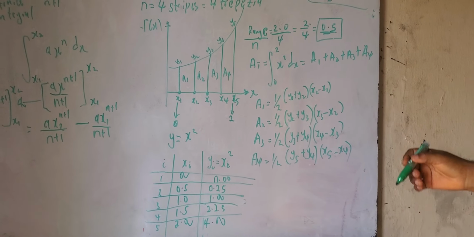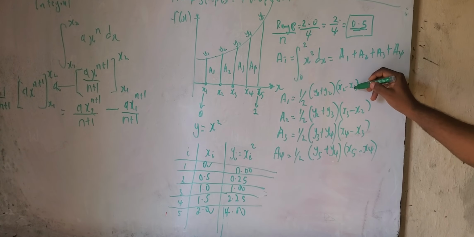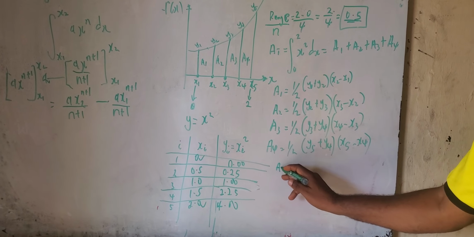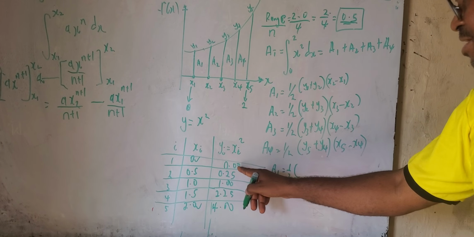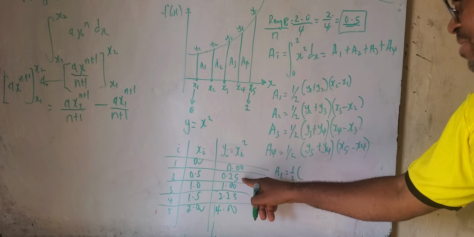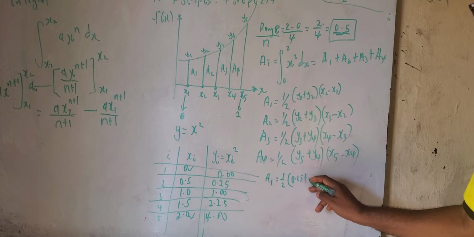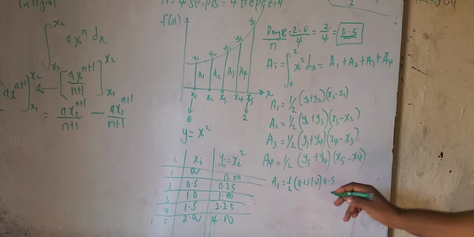So now we are going to substitute each of these values inside what we have here. We know that the difference between each of these is 0.5, so all these differences are just 0.5. My a1 is going to be 1 over 2 bracket y1 plus y2. My y1 is 0, my y2 is 0.25, so it's 0.25 plus 0, then times 0.5.